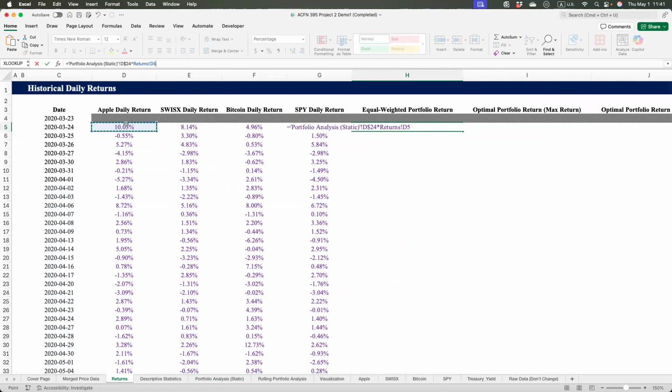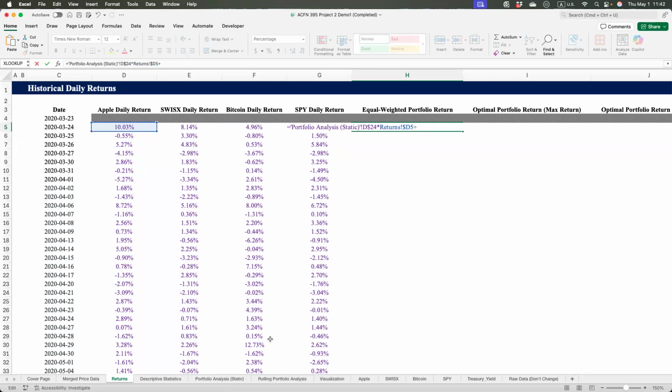And this is the one: once I calculate the next column, I still link back to this Apple return for the first component. And the third column still links to this column for Apple returns. So what I'm going to do here is lock column D. You see, the weights lock the row, and the return locks the column. And you do the same thing for the other two components in my demo file.